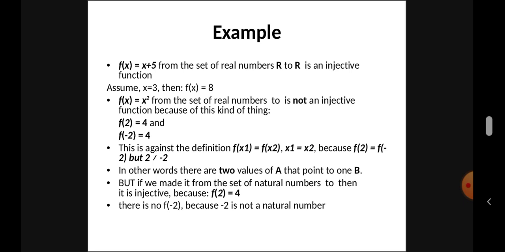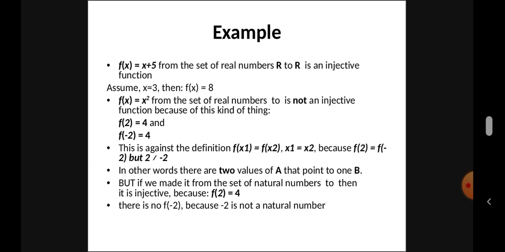If x is equal to 2, then we get the value 7. This is a set of real numbers. In that set, we give x a value like 2 or 3, and only one corresponding value exists in y. If we give 2, we get 7. Can we get any other value? No. 5 plus 2 will always be 7, never -7 or 9. Only a single corresponding value exists. Then we can say this is an injective function.